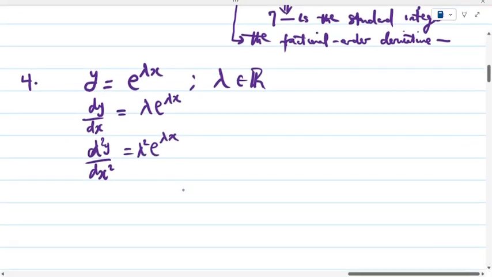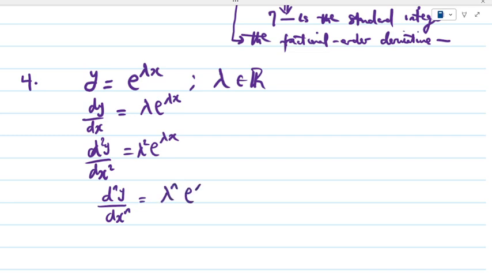So quickly we can derive a general form: d^n y/dx^n gives us lambda^n exponential lambda x.